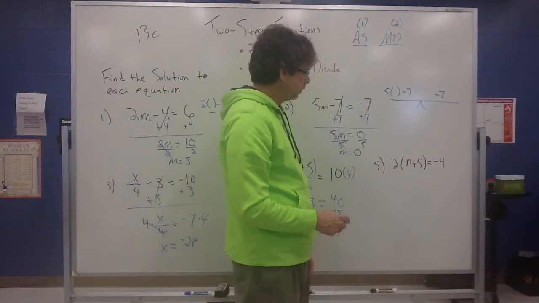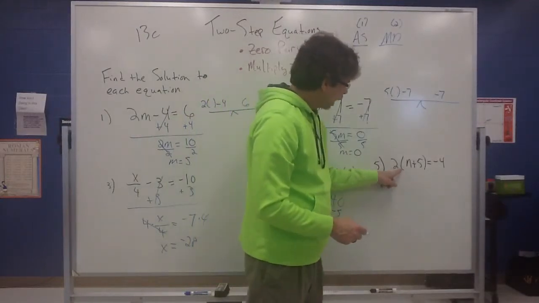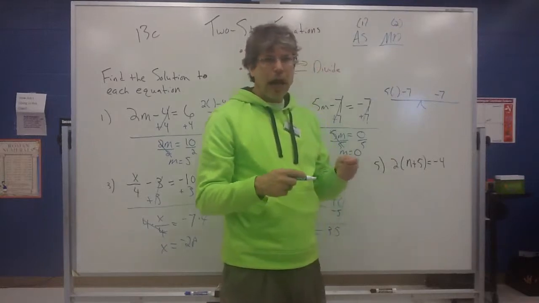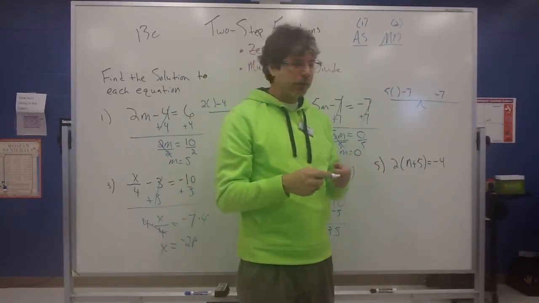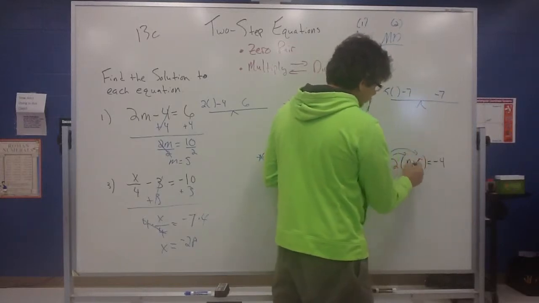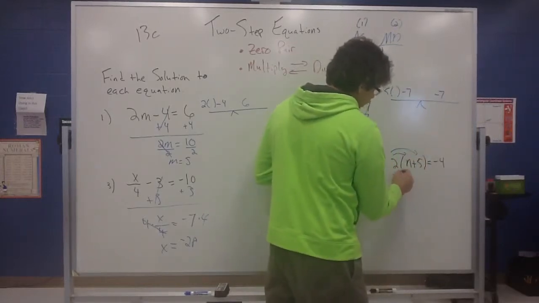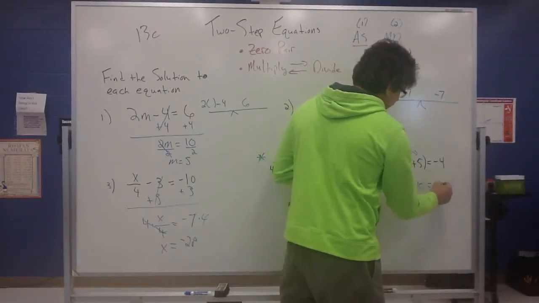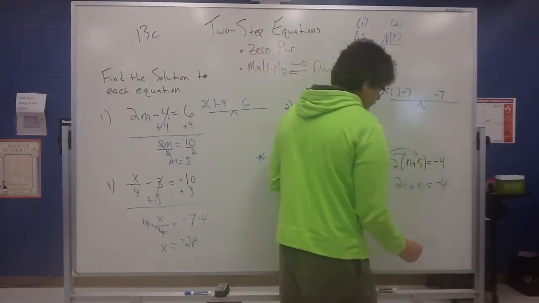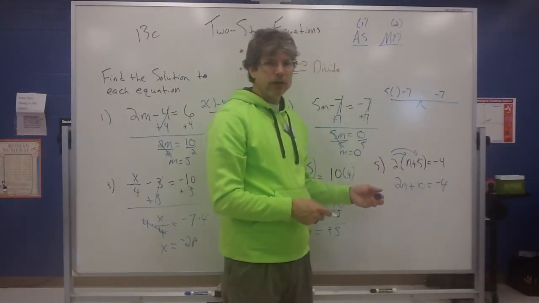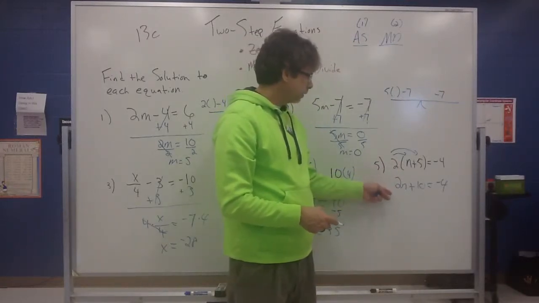This one looks a little different too. What I can do though is, we've seen this before, when I see a number outside of parentheses, I can actually use the distributive property to rewrite that. So I'm going to go ahead and bring that 2 through the parentheses. So 2 times n is 2n, and 2 times 5 would give me my 10. And then I have that -4 on this right-hand side. So on this left side, I can rewrite that, removing the parentheses using the distributive property.